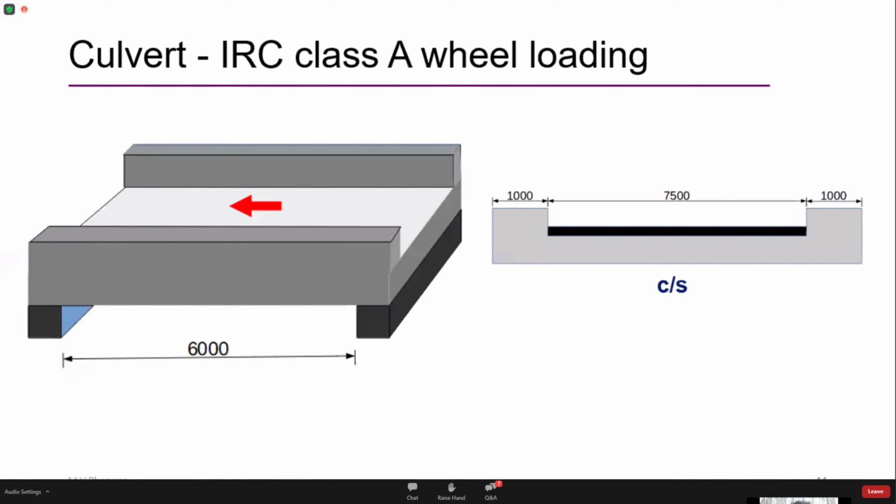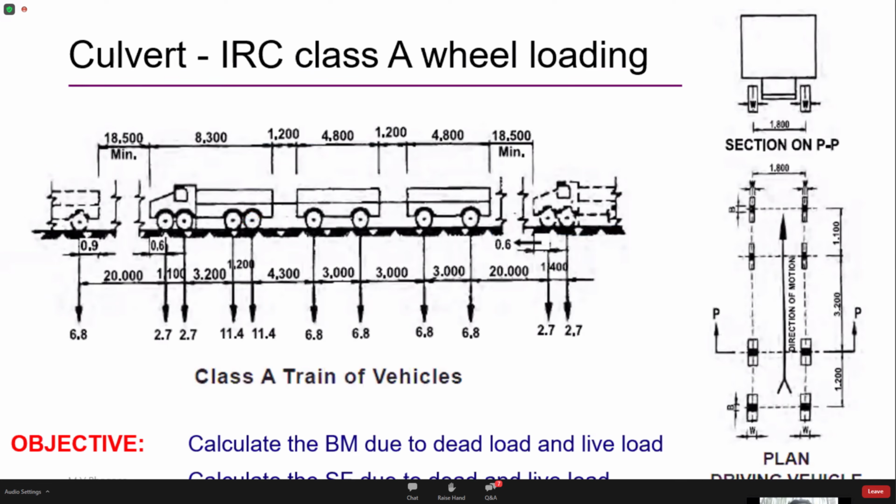So I'm going to take the same culvert here, but instead of a tracked vehicle, I'm going to analyze this culvert for a wheel loading configuration. To solve this problem, I have considered IRC class A wheel loading. This is the wheel loading I'm going to apply on the deck slab, and for this loading configuration, I'll try to calculate the design bending moment and the design shear force.